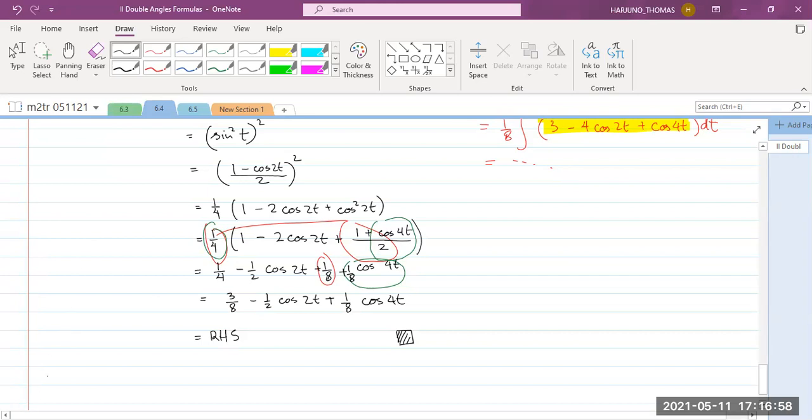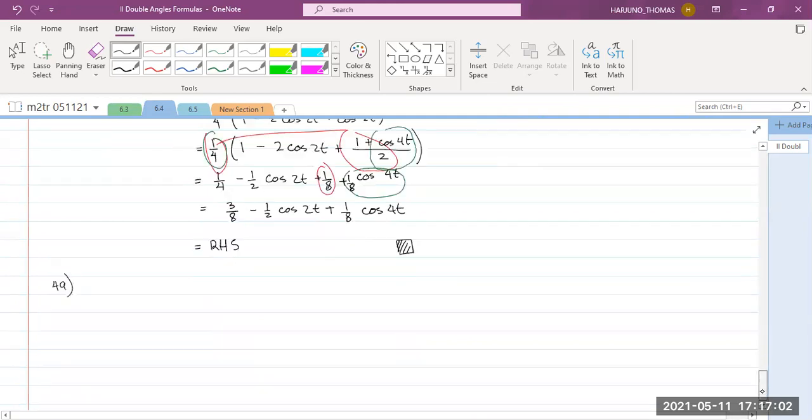Number 49, why not? Actually, I like this question number 49 because I would like to show you two different ways to do this problem. Sine u over 2 plus cosine u equals 1. Solve.